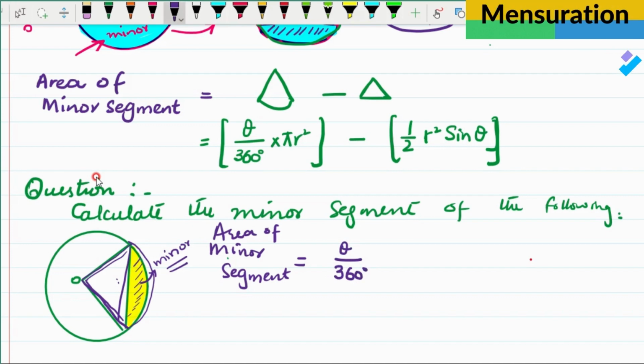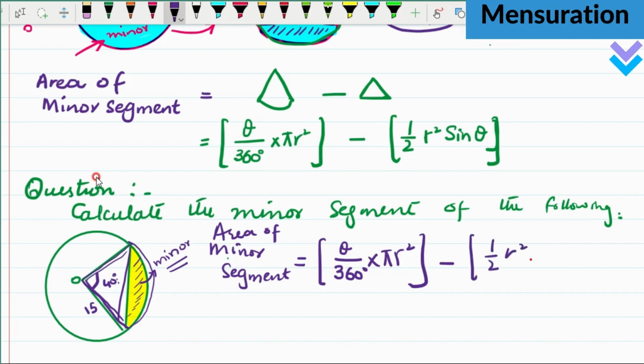theta over 360 into pi r square. Let's suppose the angle is 40 here and the radius is 15 here. Okay, and we will subtract the area of the triangle. Okay, now we will substitute the values. The angle is given. What is the angle here?